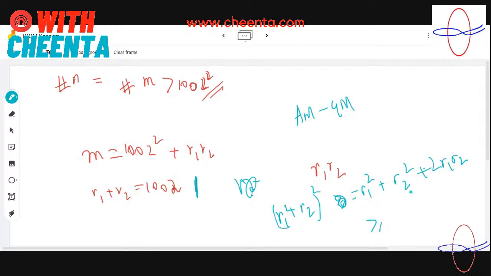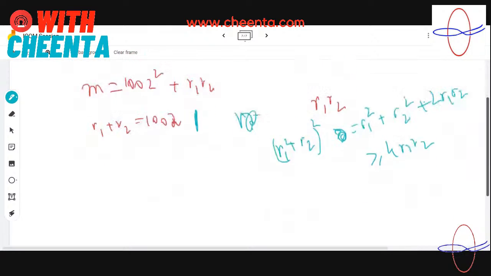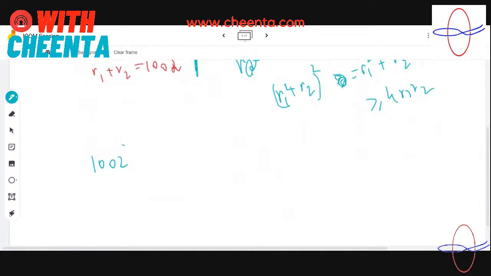By AM-GM, this is greater than or equal to twice R1 R2 plus twice R1 R2, so it's greater than or equal to 4 R1 R2. Therefore 1002 whole square is greater than or equal to 4 R1 R2. Therefore R1 R2 is less than or equal to what? 501 whole square. Perfect.